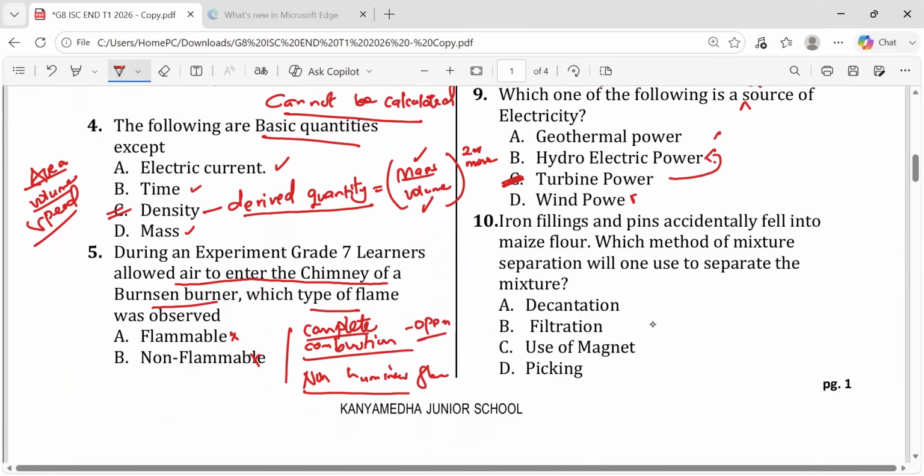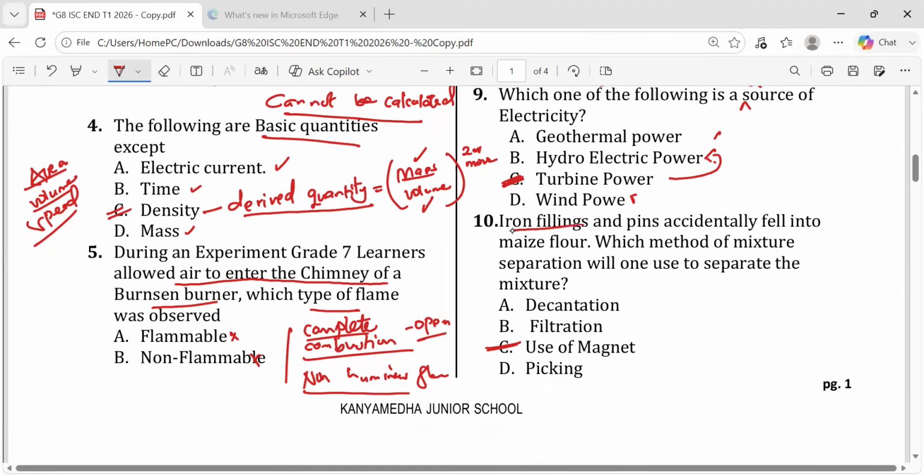Number 10, iron filings and pins accidentally fell into maize flour. Which method of mixture separation will one use to separate the mixture? The method one will use is a magnet. Why?